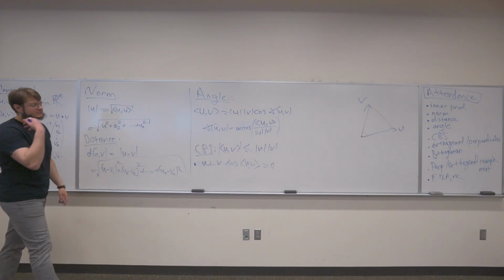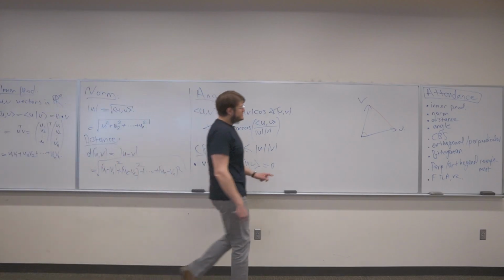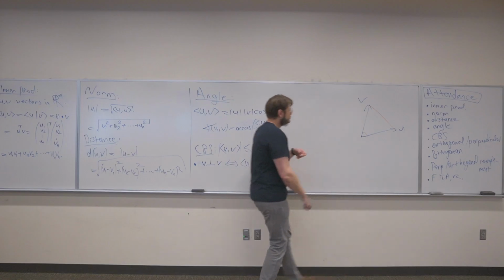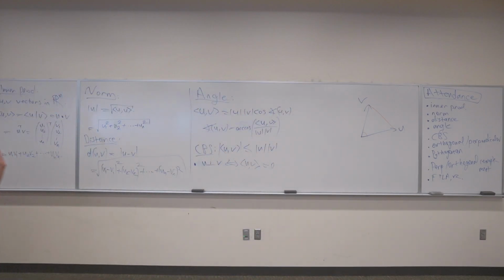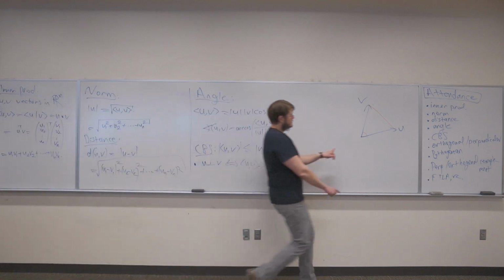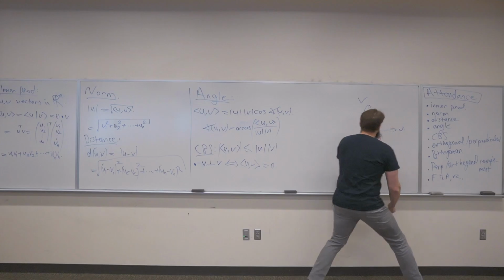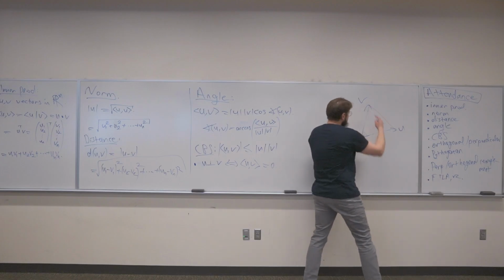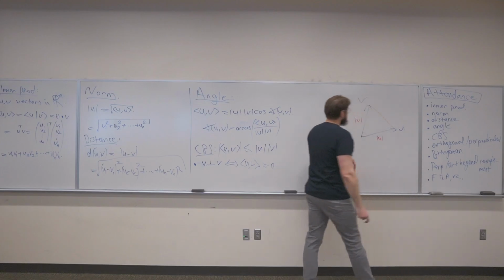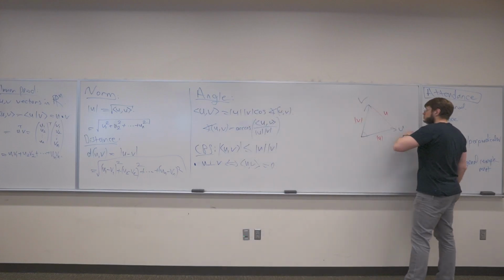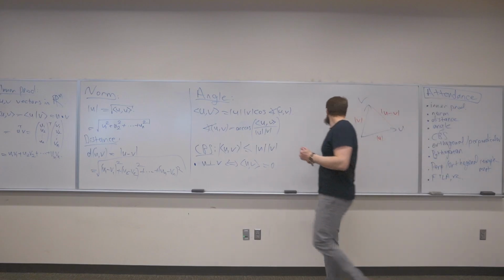Well, Pythagorean theorem essentially gives you the condition that is necessary and sufficient for this angle to be 90 degrees. And so how are you going to do this? Well, the length or magnitude of this vector is nothing but u norm, okay? And the magnitude of this vector is nothing but v norm. And the magnitude of this is u minus v norm, okay?